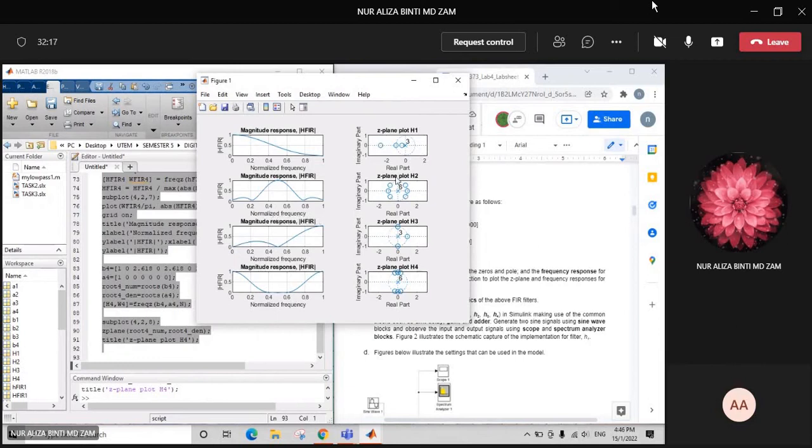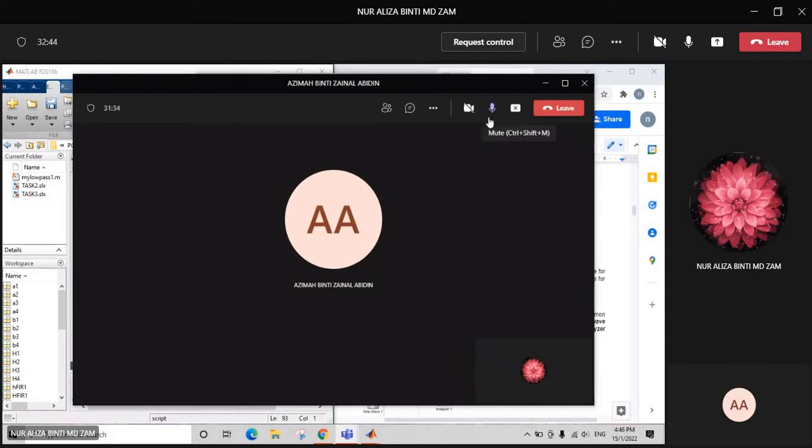On the right side, it shows the z plane for all the systems: system 1, system 2, system 3 and system 4. On the z plane we can see the zeros and poles for all the systems. That's all for me, I will pass to Azimah. Okay, thank you, Aliza.